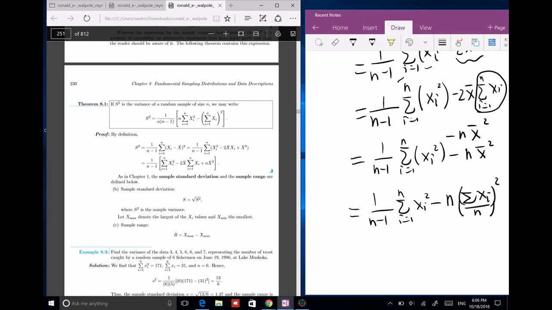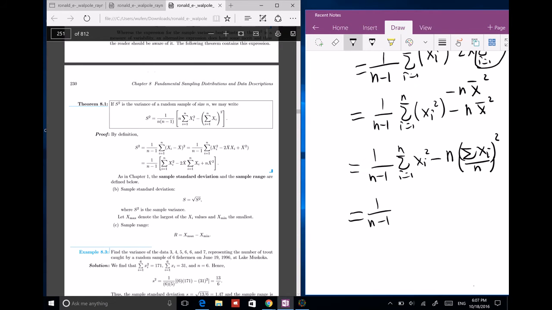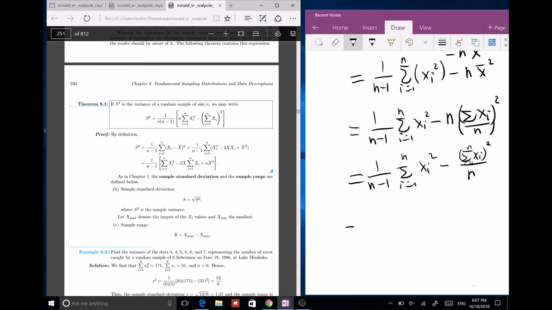The x bar you can change that, and then the n can cancel, but I still have an n remaining, so 1 over n minus 1, the sum from i equals 1 to n of xi squared minus, the n cancels, the square of the sum of xi, from i equals 1 to n. So now you can factor the n out: 1 over n times n minus 1.